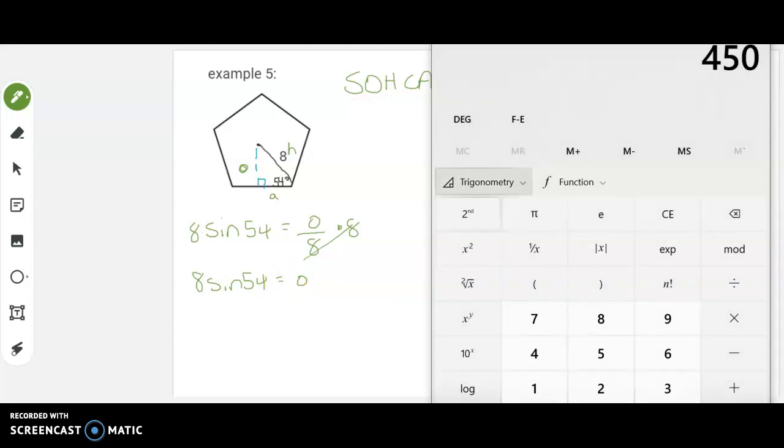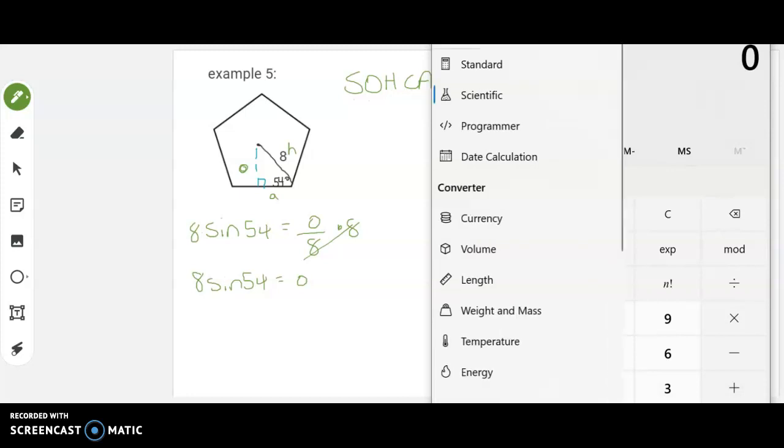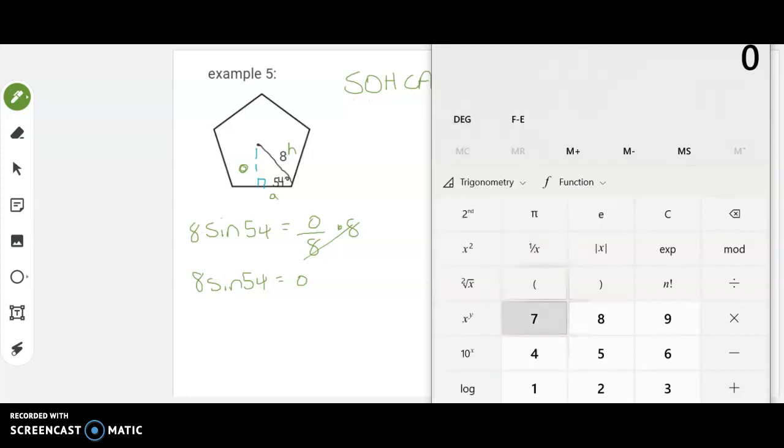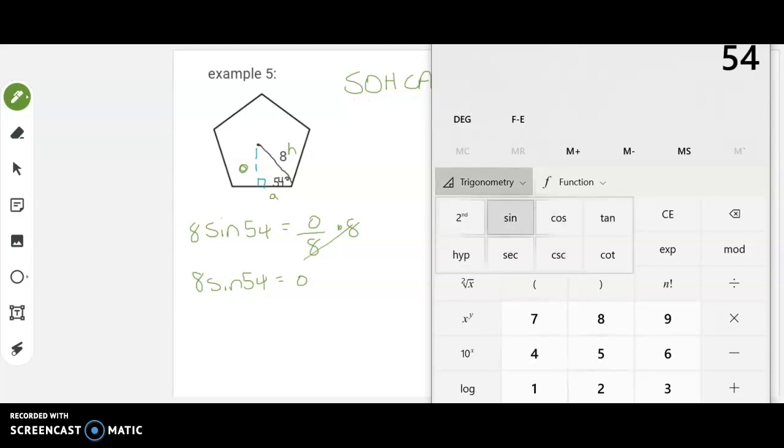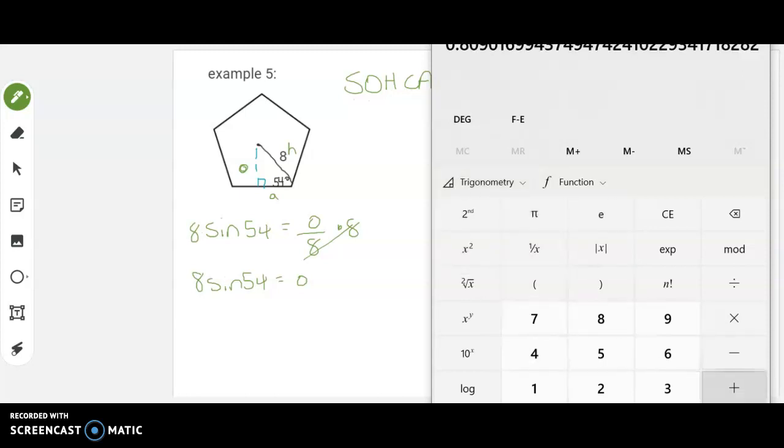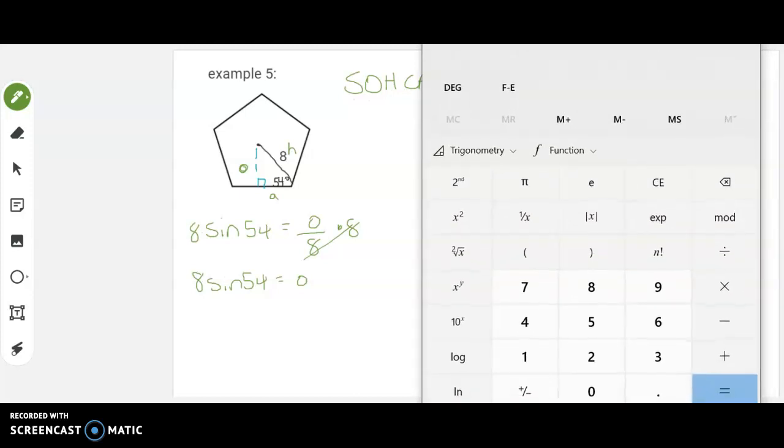Okay, so let's see. I need 8 sine. Oop, this is doing something different. Okay, so I guess I need to do 54 sine.